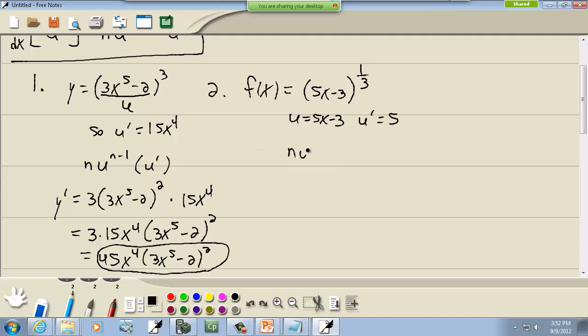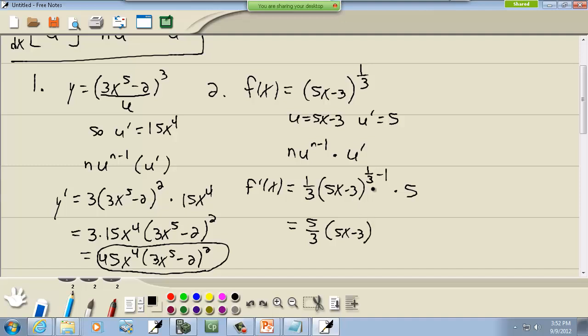So from our formula, this is probably the last time I'll write it down, f prime, take our power, put it out in front, so we got 1/3 there. U remains as is, 5x minus 3. Then lower this by 1, so it'll be 1/3 minus 1 times u prime, which was 5. Now I'll take 5, put it out in front, so we got 5/3.